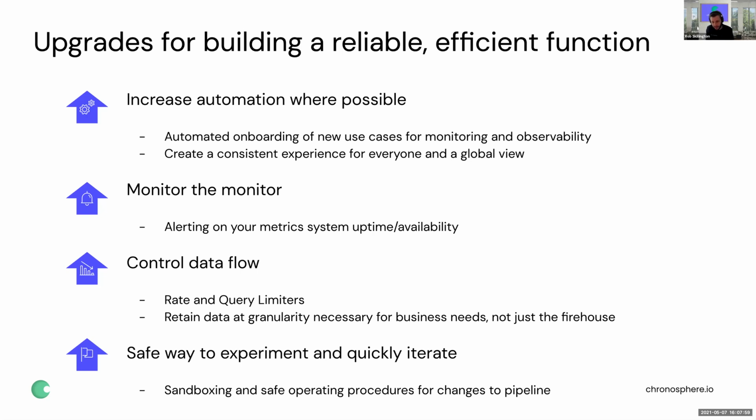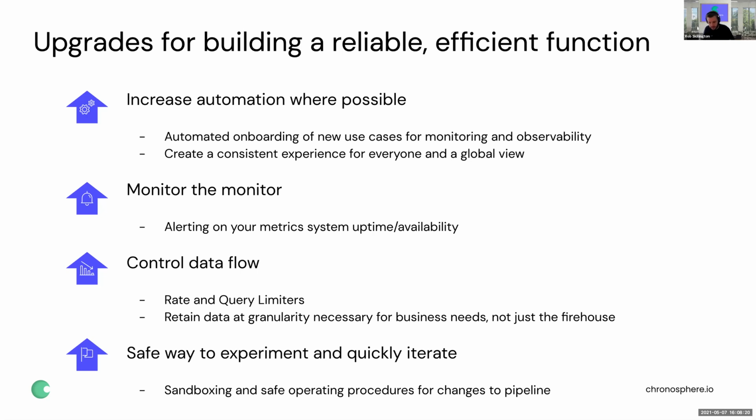You want to have fantastic uptime, availability, and reliability of your own metrics platform. So make sure to monitor the monitor, and you want to control the data flow that's happening. You want to retain data at the granularity necessary for the business, not just the fire hose of what folks are sending you.